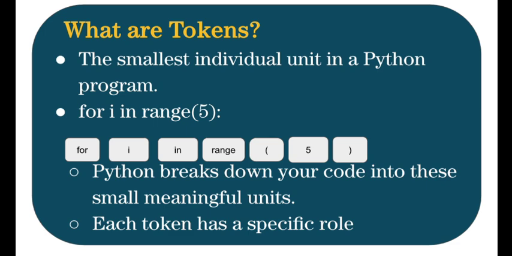Here is an example: for i in range of 5. So Python breaks down this code into small meaningful units like for, i, in, range, etc. Each token has a specific role.